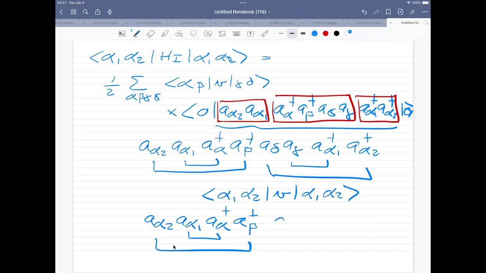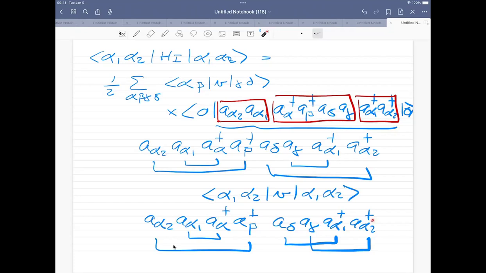4 sets of contractions. And then we have an A delta, A gamma, A alpha 1, A alpha 2 here, dagger. And now we interchange these two guys here. In order to be able to perform the contraction, we have to move this operator to the one we want to contract it with.